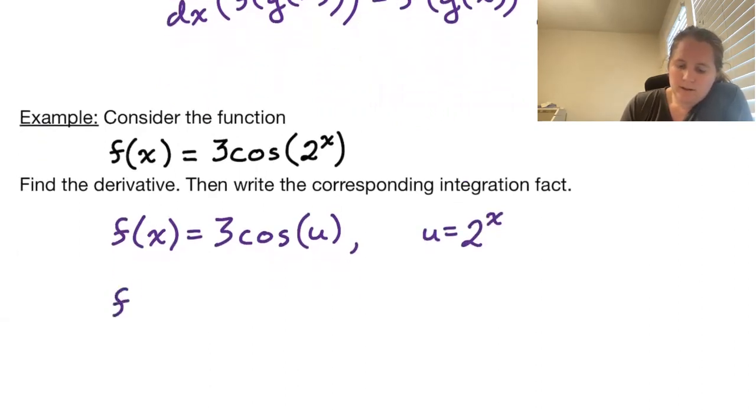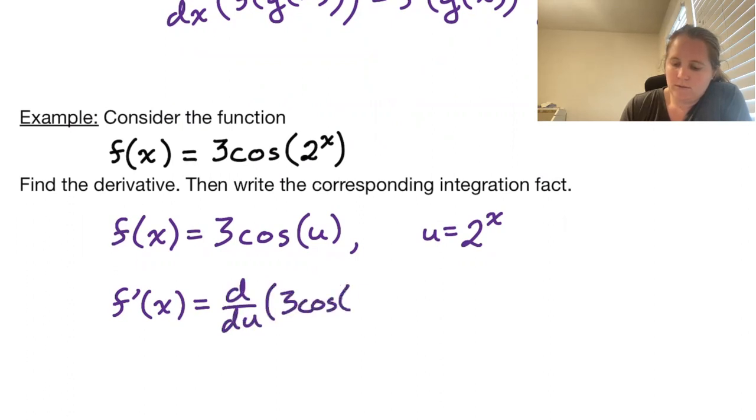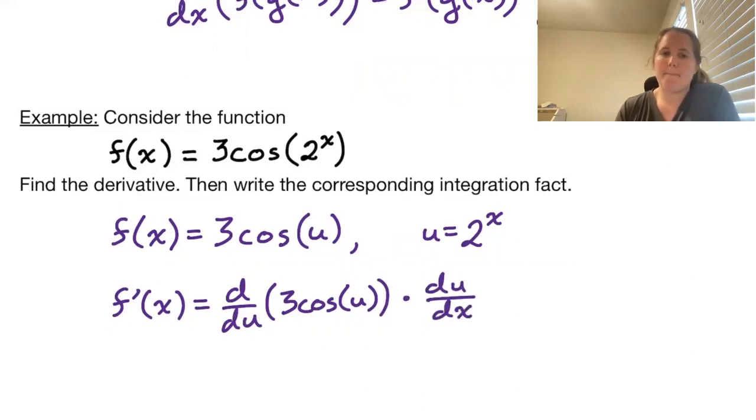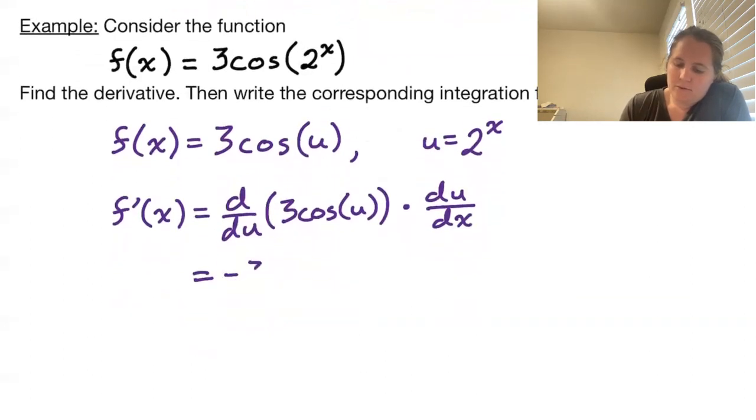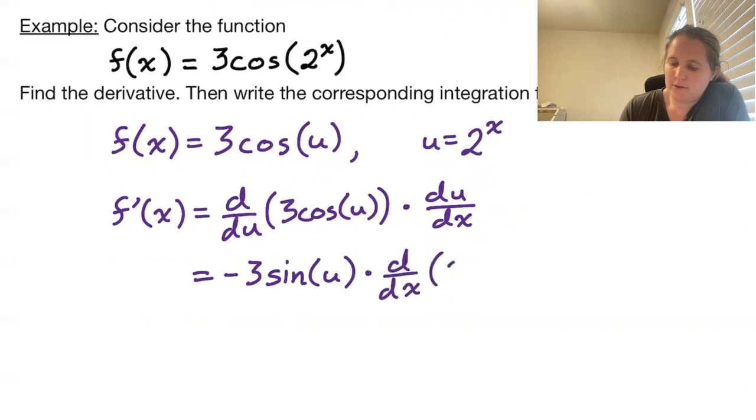So f prime of x, we would have the derivative with respect to u of 3 cosine of u, then multiplying by du dx. So we have -3 sine of u, and then multiplying by the derivative with respect to x of 2 to the x.